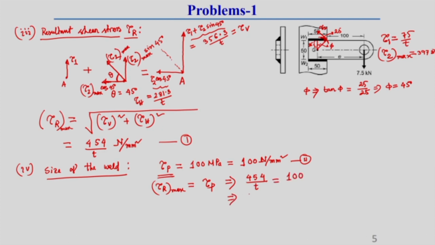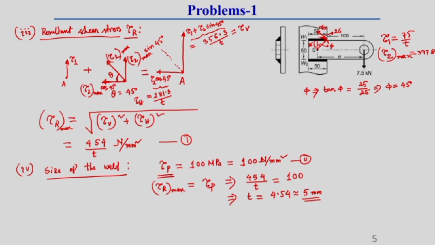So, how much is T? The throat thickness T we get is 4.54. Here we can take the next full digit value, that is 5 mm. So, the throat thickness of this weld should be 4.54, or you can say 5 millimeter, not less than 4.54. This you should keep.